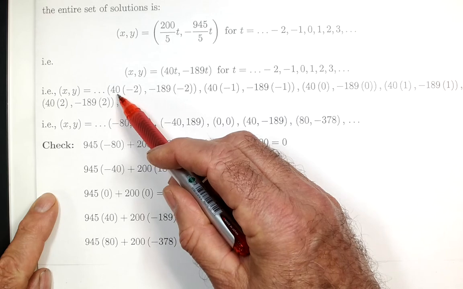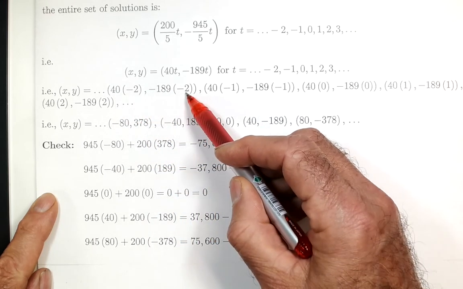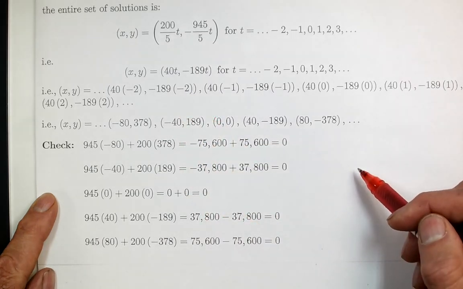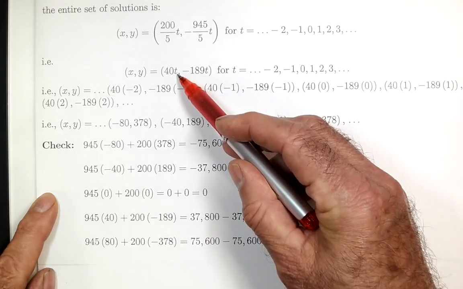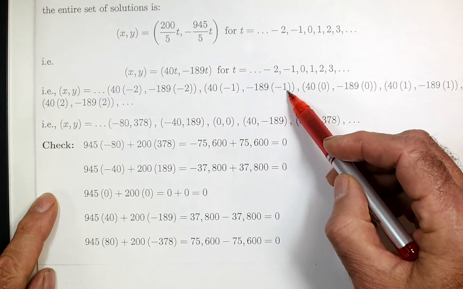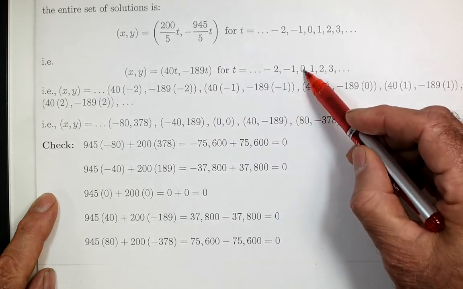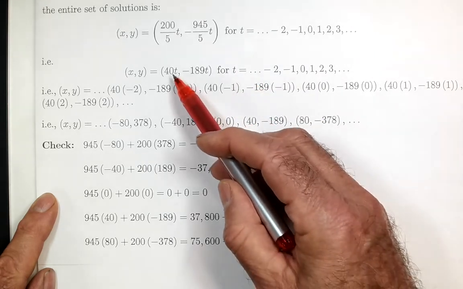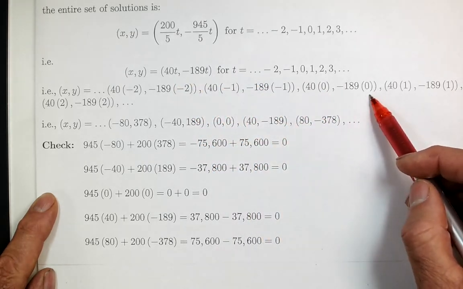We get the solution 40 times negative 2, negative 189 times negative 2. Take negative 1, plug it in here, we get 40 times negative 1, negative 189 times negative 1. Another solution. Take 0, plug it in for t, we get 40 times 0, negative 189 times 0, and so forth.